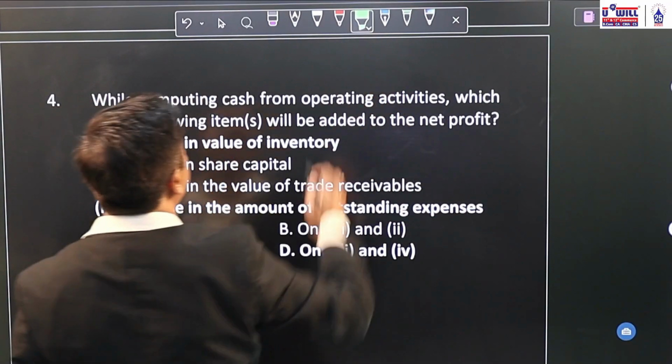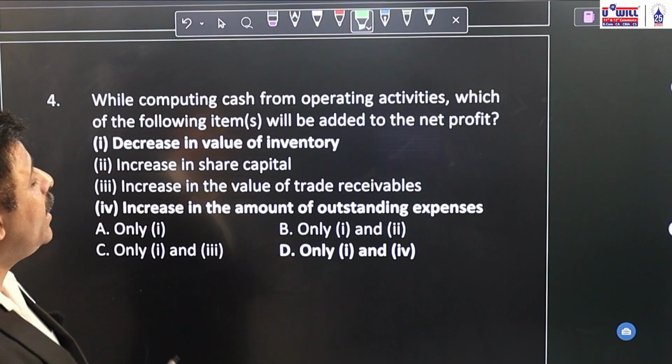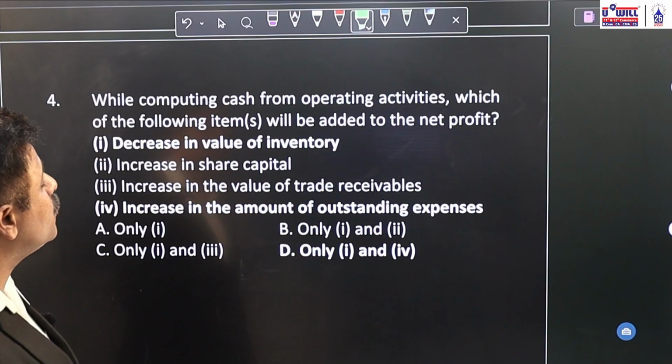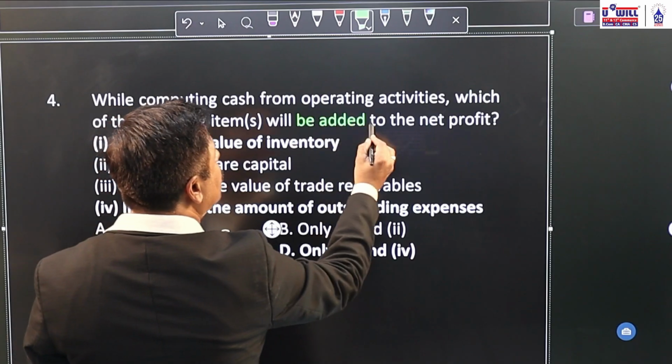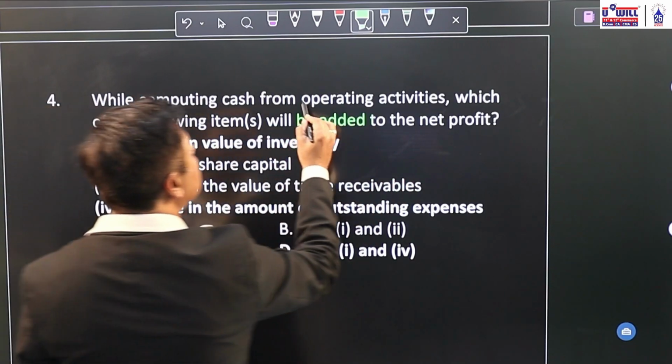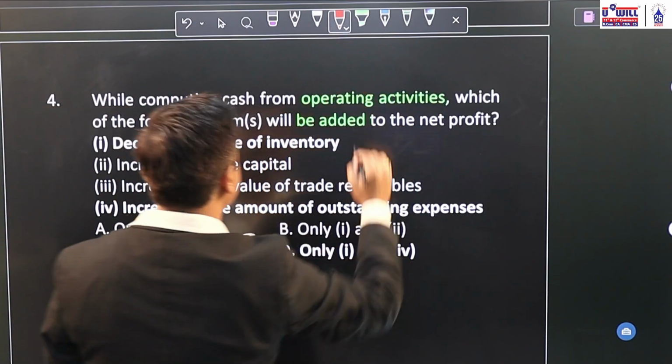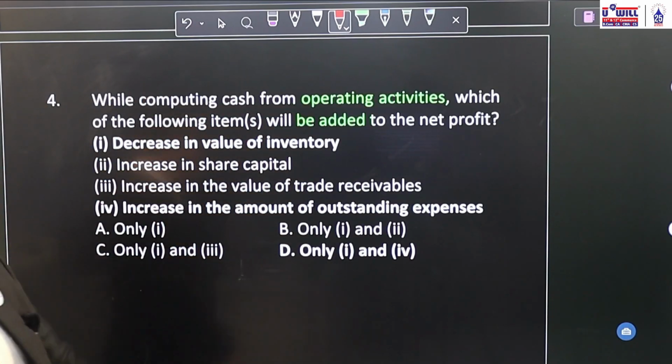While computing cash flow from operating activities, which of the following items will be added to the net profit? In operating activities, which of the following items are added? Let us see and analyze one by one. Decrease in value of inventories.